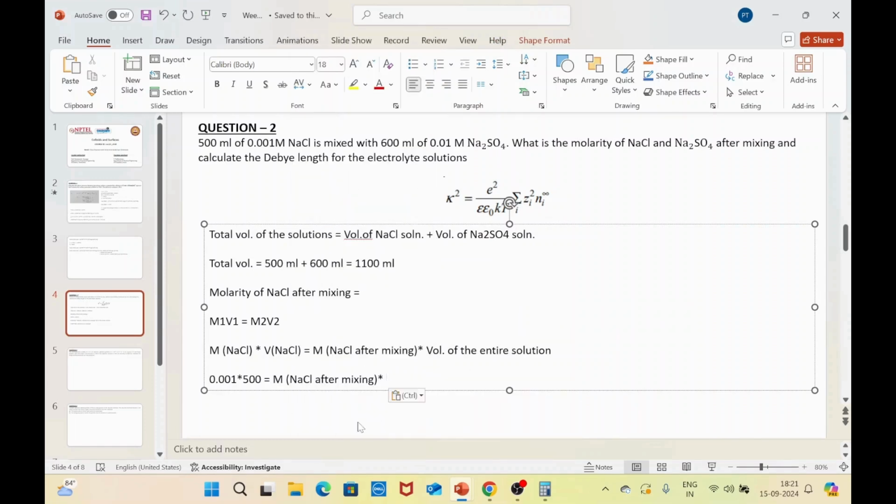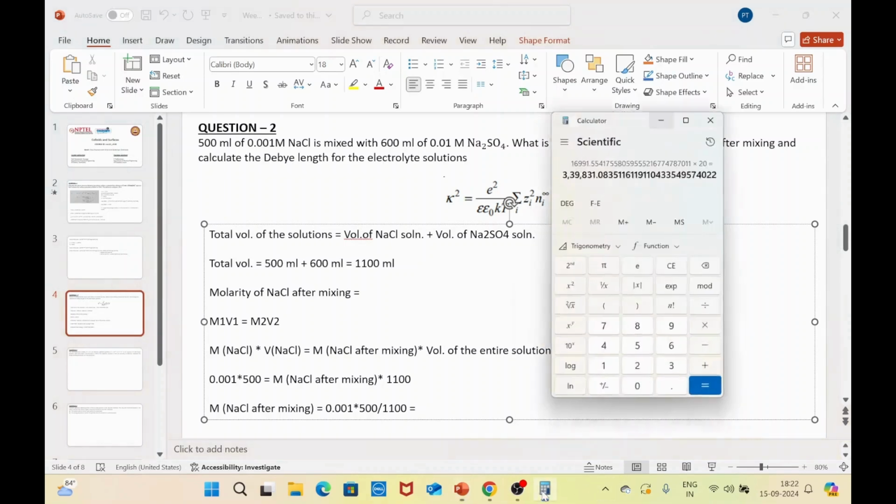I'm going to keep this as it is, times the volume of your entire solution that we calculated as 1100. So the molarity of NaCl after mixing is 0.001 times 500 by 1100.